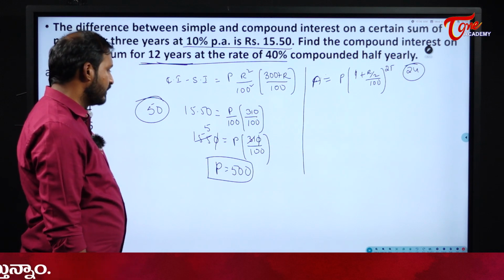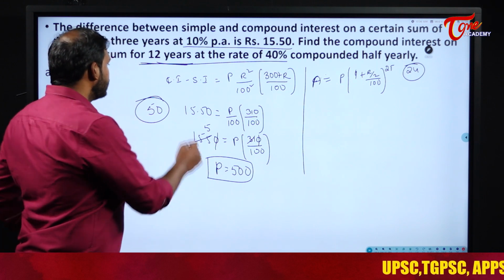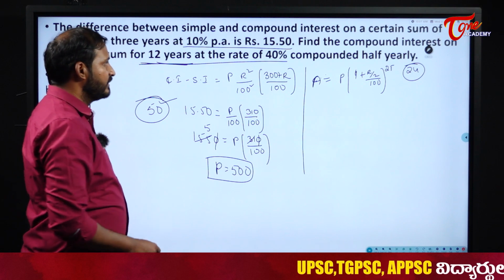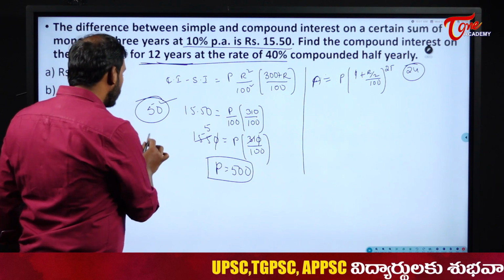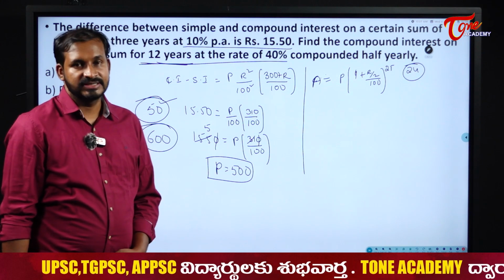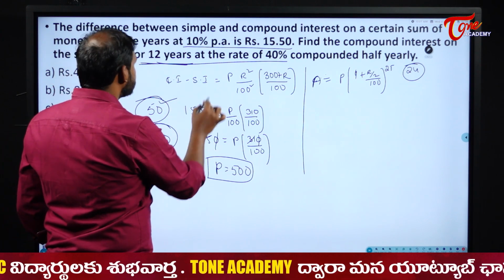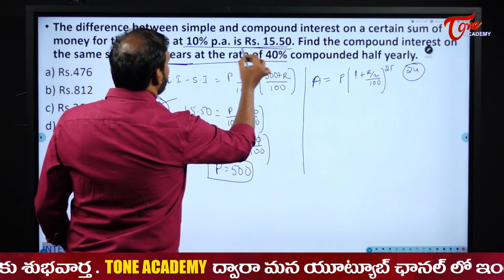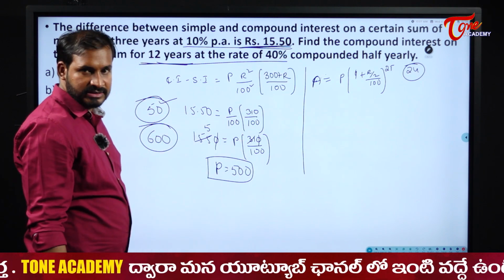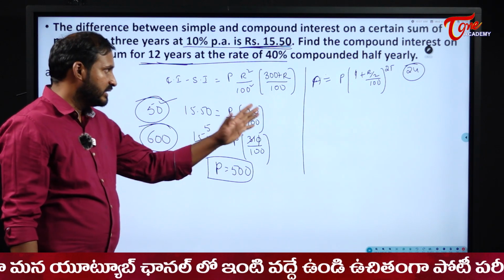For 1 year it is 50. For 12 years it will become 600, right? And what did they give us here? Approximately, they gave 15.50 for 2 years. Now, how will we include it into this 12 years?